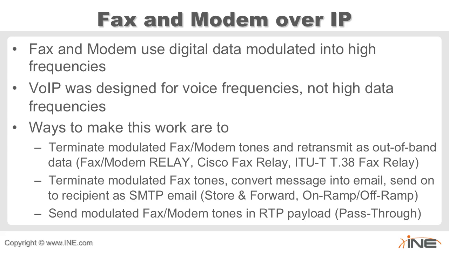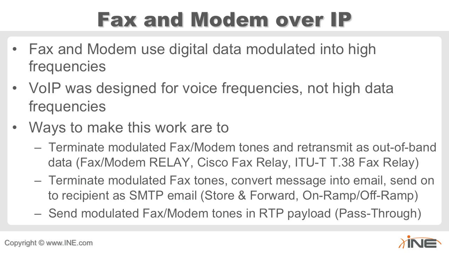So because these routers can hear, one way is to terminate this and just convert it into reliable ones and zeros and send it as relay. This is called fax or modem relay, and there's a few different kinds. There's either the Cisco proprietary fax relay, and there's also the ITU-T fax relay called T.38.